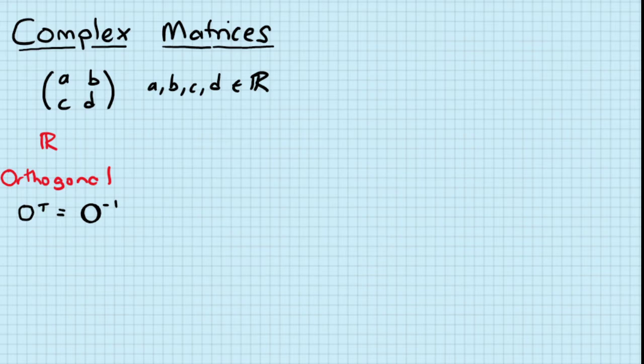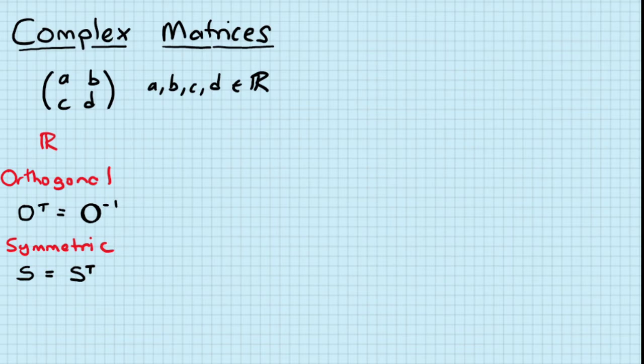There's also the idea of a symmetric matrix. A symmetric matrix has the property that if you take the transpose, it results in the exact same matrix as you had originally. That's a symmetric matrix.